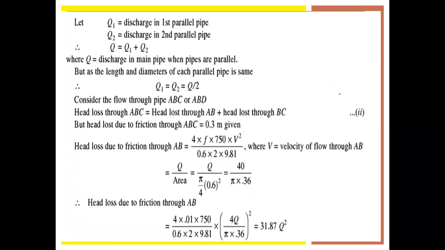Now apply the same thing. Let from the figure Q1 is equals to discharge in the first parallel pipe. Q2 is equals to discharge in the second parallel pipe. Then what is the formula for parallel connection? Q is equals to Q1 plus Q2, right?